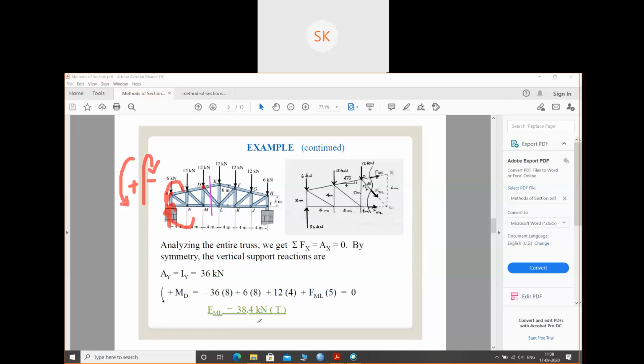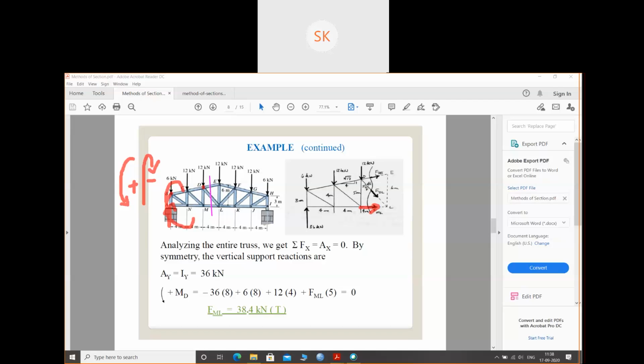Force is 6, distance is 8 meters, plus again 12 is the force, distance is 4 meters, plus I have FML, that means force in FML, this direction. So this force into this direction is how much? 5 meters, I guess. Yes, 5 meters.